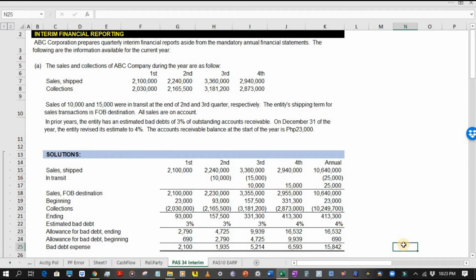So basically, bad debt expense is an expense recognized for valuation purposes. And for valuation purposes, as we have discussed, it is similar to the valuation made on an annual basis in the preparation of the annual financial statements.